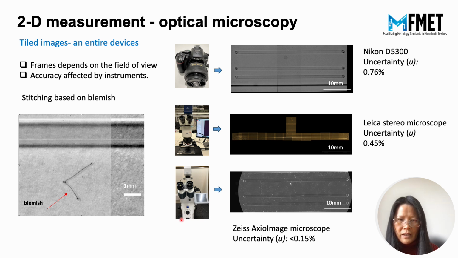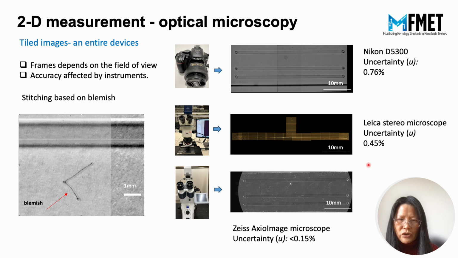The third instrument is a Zeiss axial microscope with a motorized stage. The stage precision is less than 1 micron, making the stitching between frames indistinguishable. Furthermore, the high clarity of these images allows easy identification of the boundaries, resulting in very low uncertainty.